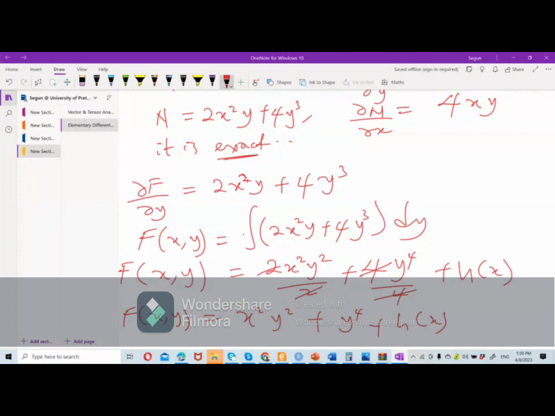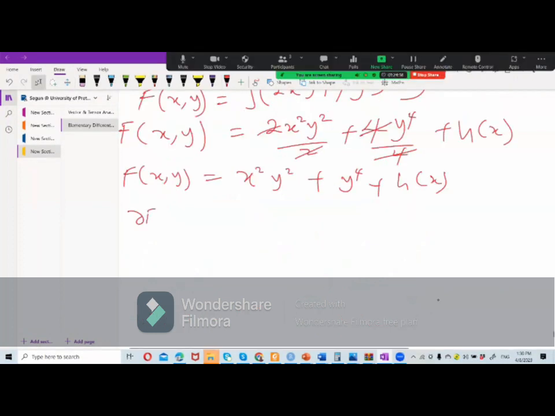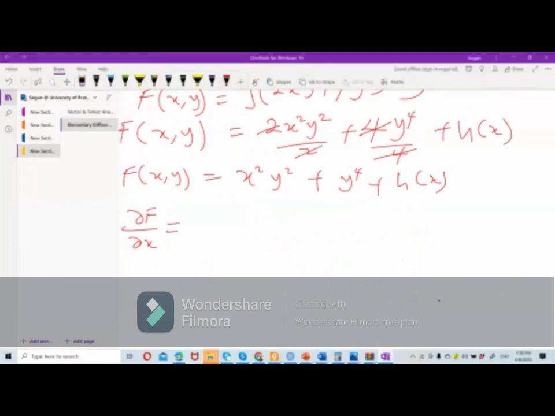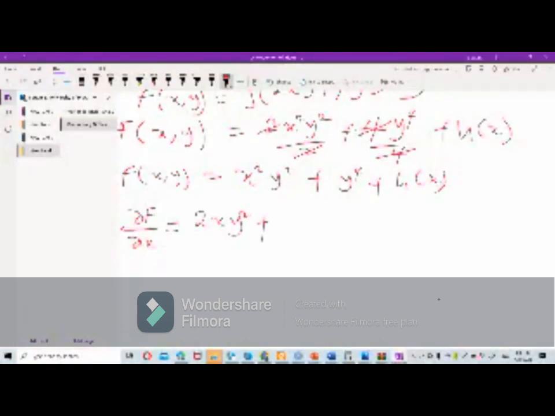Then our df dx, the f dx will be equals to 2xy squared plus, this will turn to 0 because there's no x, h prime of x.